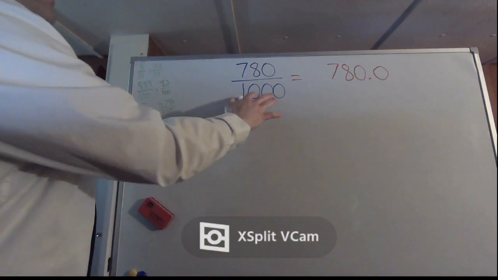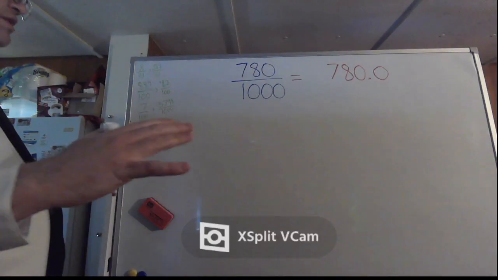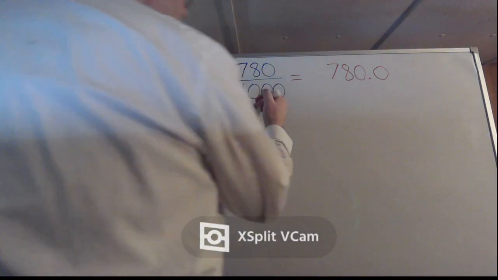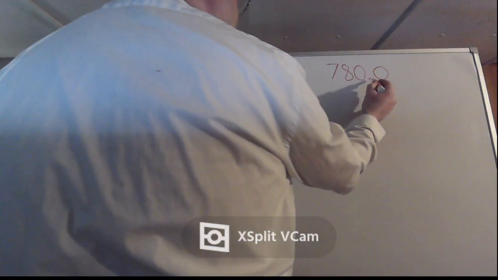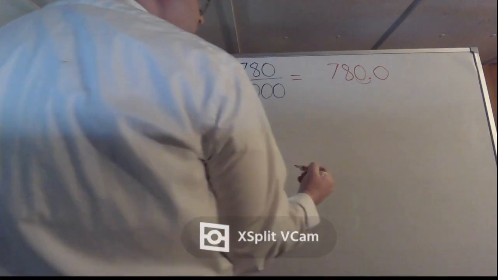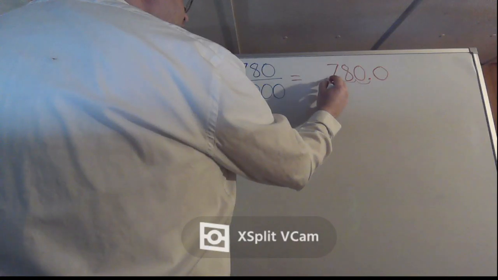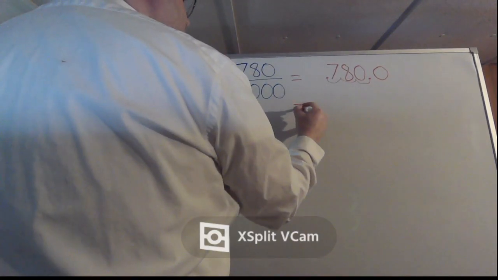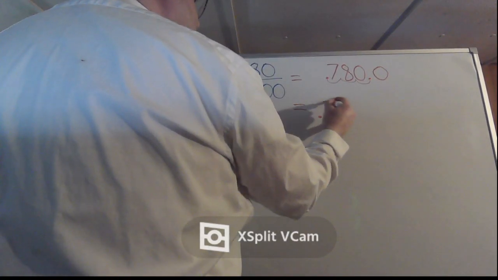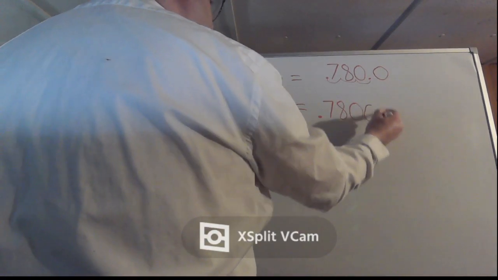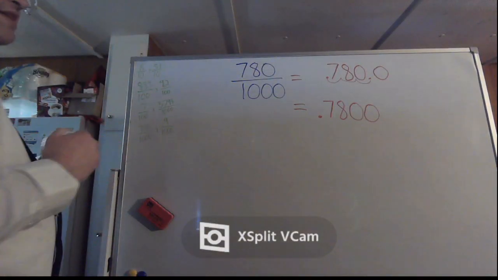Now you have 3 zeros in your denominator. What you have to do is take that decimal place and move it to the left 3 decimal places. So you'll have 1, 2, and 3. So you'll end up with 0.7800. Well, we have the 0.78.